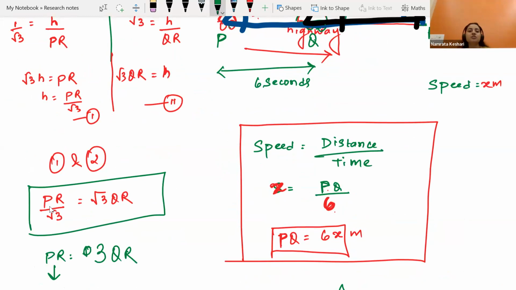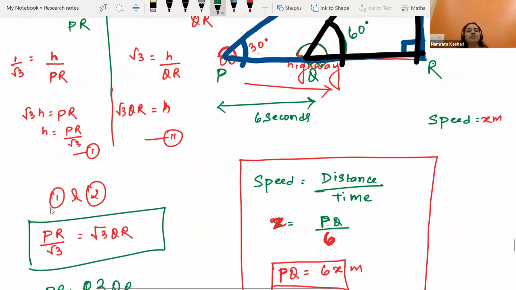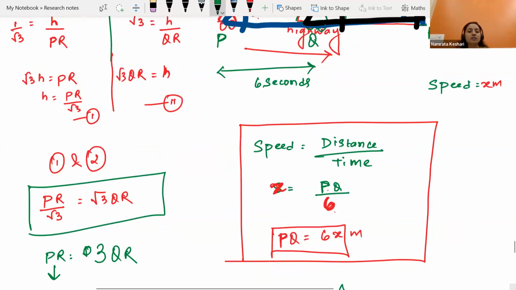Now one piece of information is given: the time taken to move from P to Q is 6 seconds. Time taken by the car to move from point P to point Q is 6 seconds. So we are taking the assumption that speed is x meters per second.